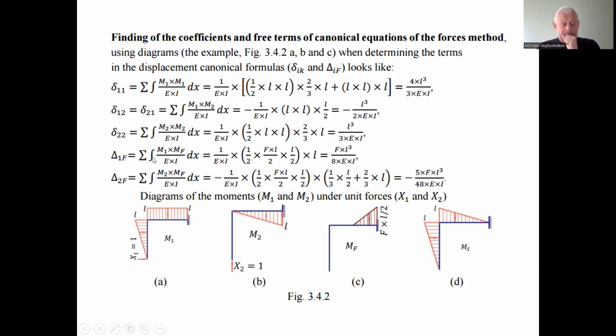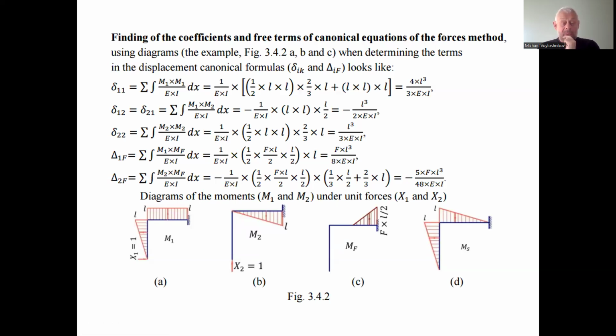So in the numerator of the integrand we have to multiply by the area of the force diagram, which is 2F multiplied by L divided by 2, the bending moment, multiplied by L divided by 2, the arm.